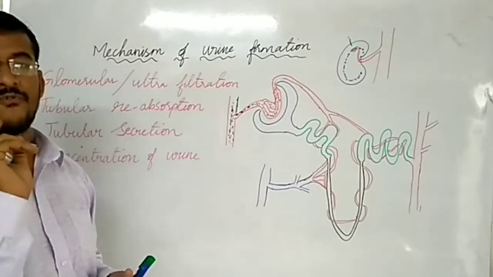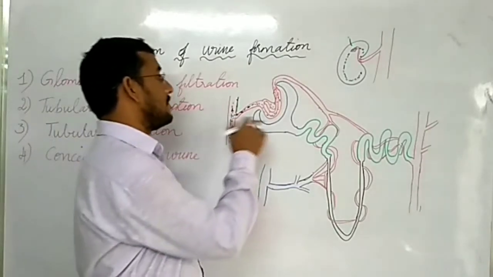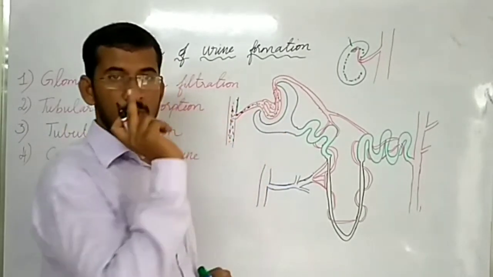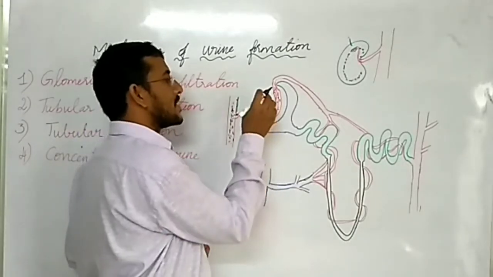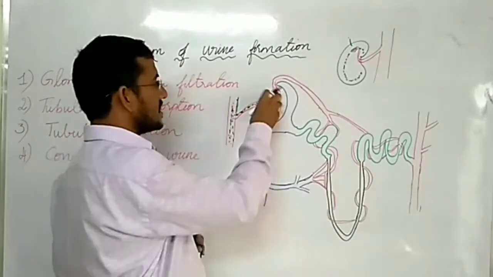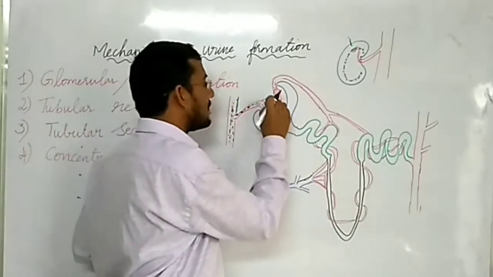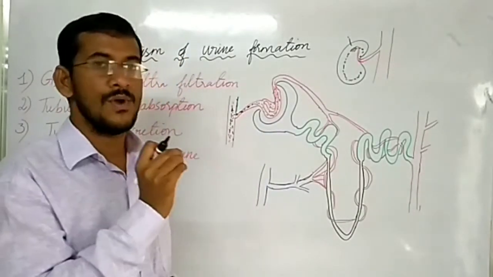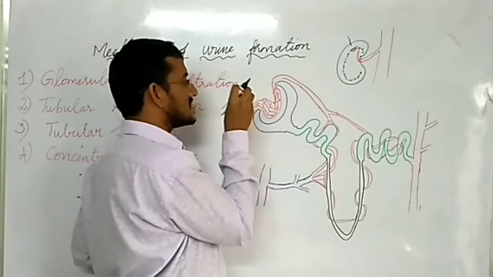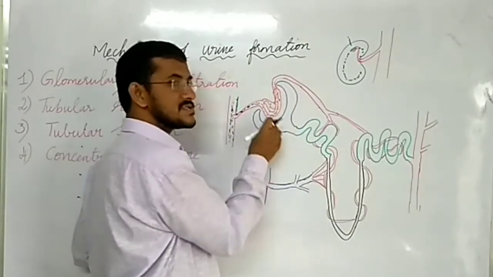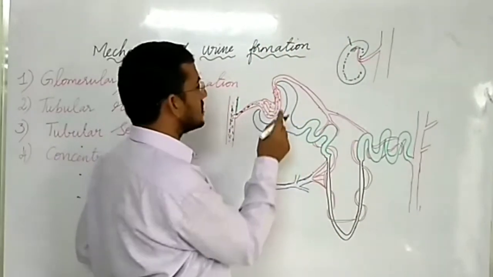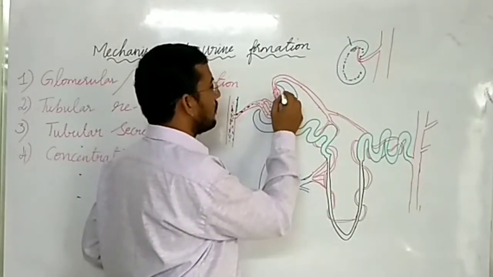Also, pressure increases in this glomerulus, this capillary region, because the diameter of the blood vessel becomes very narrow. Due to that pressure, and because it is made up of only one layer, waste material from the capillaries enters Bowman's capsule.